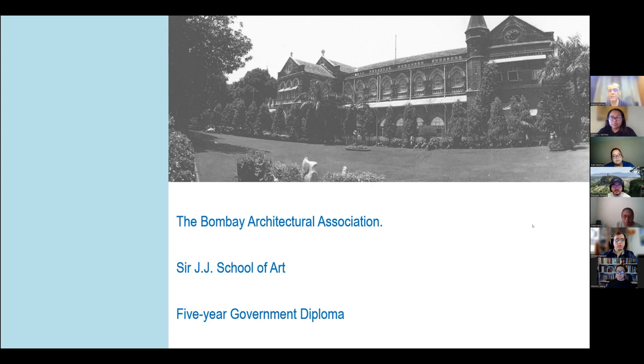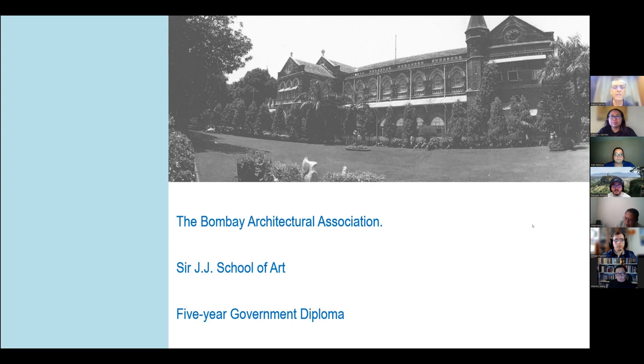And in 1925, Bombay Architectural Association slowly started conducting RIBA exams in order to facilitate licensing of architects. It went on till 1930, and subsequently a 5-year architecture course was formulated, the first course, known as Government Diploma in Architecture. This is after 12th standard, which was formulated in 1923. So these are the very formative circumstances.